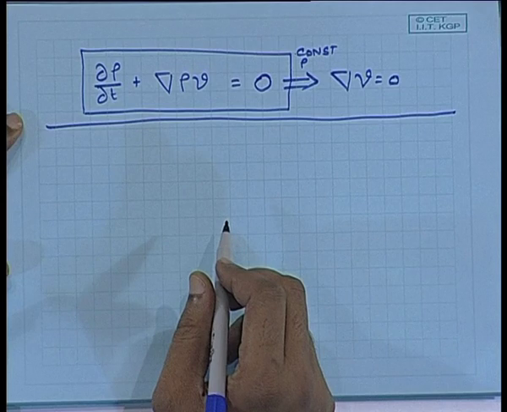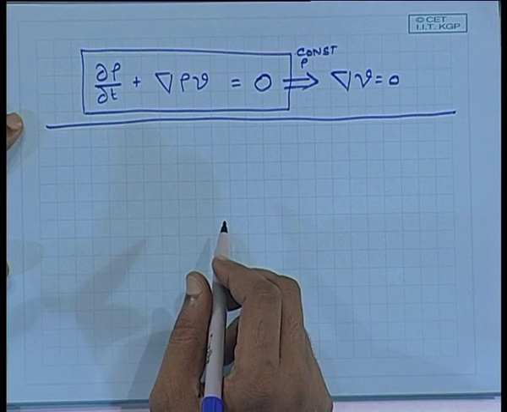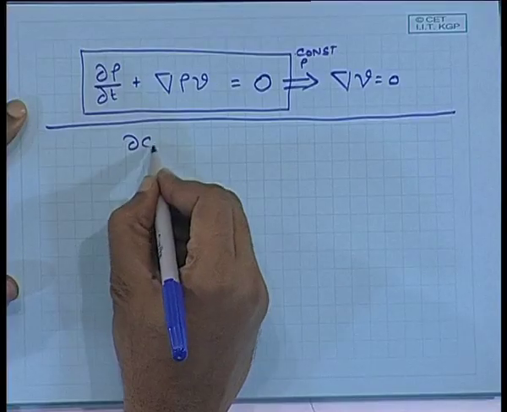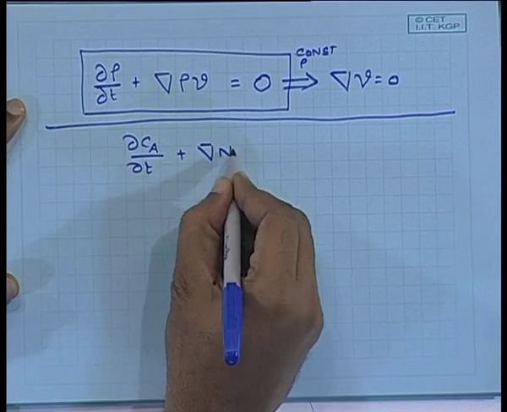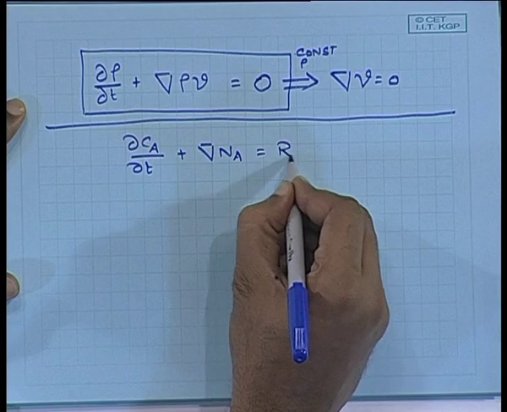Now, if I express everything in terms of molar fluxes, capital N_A, molar concentration, capital C_A, and the molar rate of reaction, which I am going to denote by capital R_A, then the species continuity equation in terms of moles can be obtained using exactly the same approach as before. So, I am simply going to write the equation that I get. Remember, everything in this is in terms of moles.